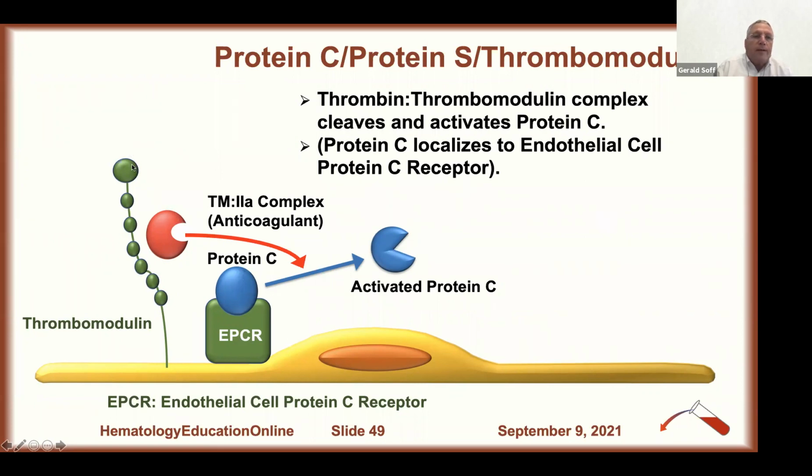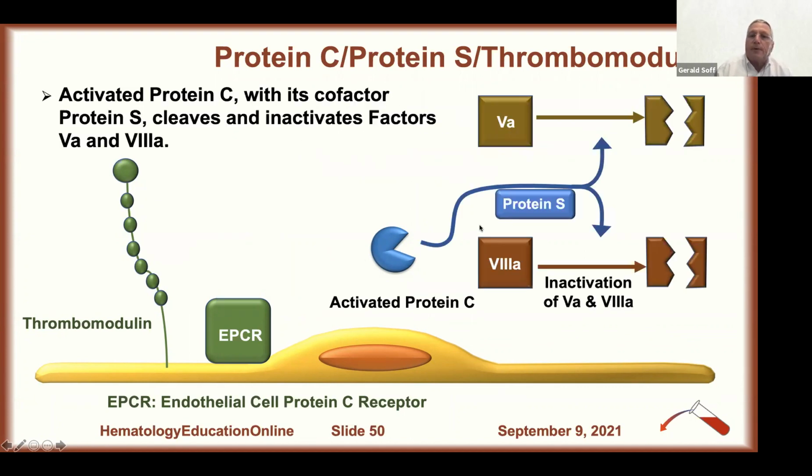So again, when the endothelial cells are intact, thrombin is modulated by thrombomodulin and activates protein C. Protein C then uses its cofactor, protein S, and will then cleave and inactivate factor 5A and factor 8A.